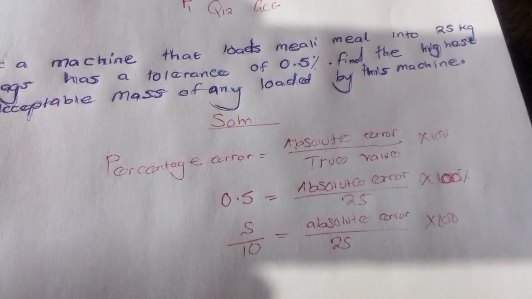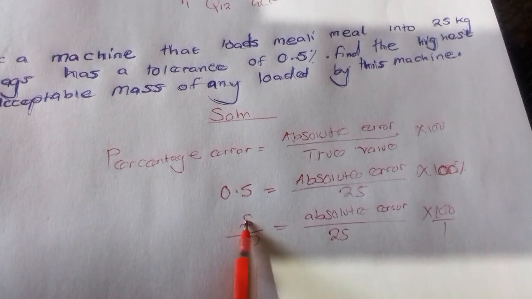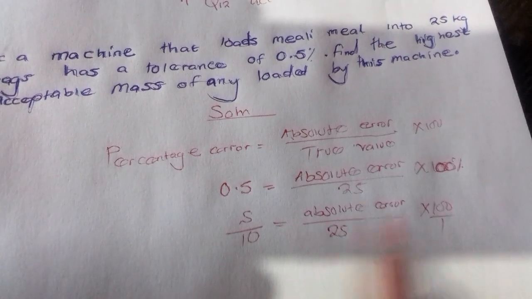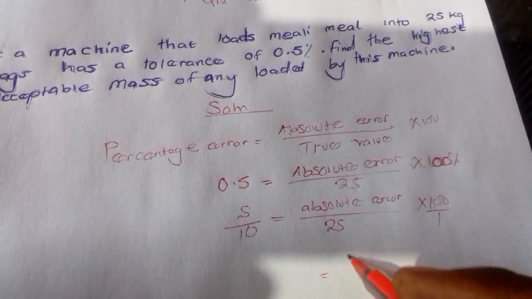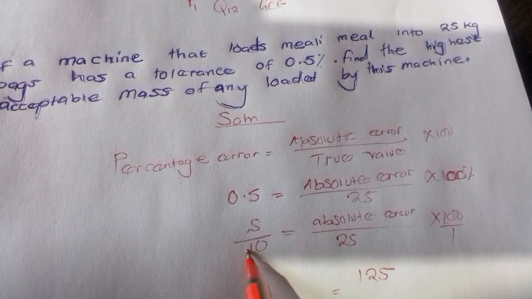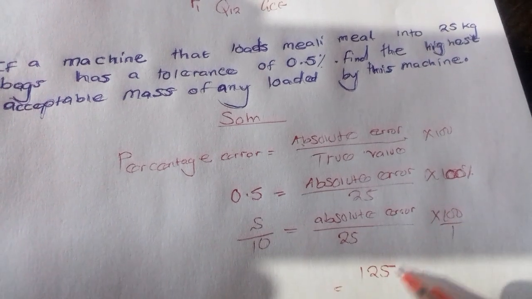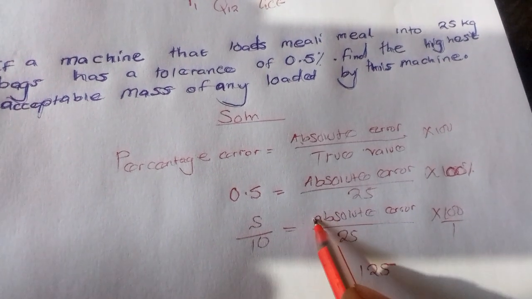So here it's just like over 1. If you multiply, it will be 5 times 25, which is 125. For this one, it will be 10 times 100 to give us 1000 percentage error.